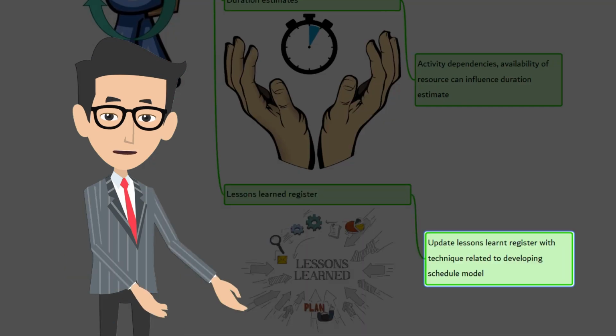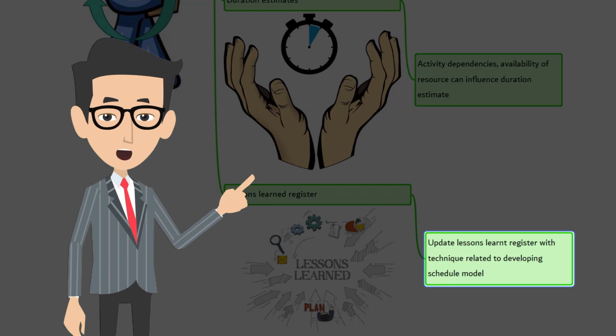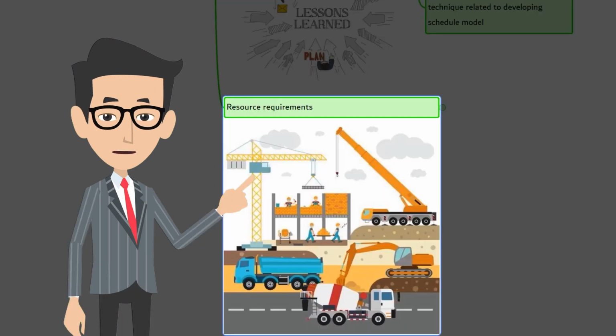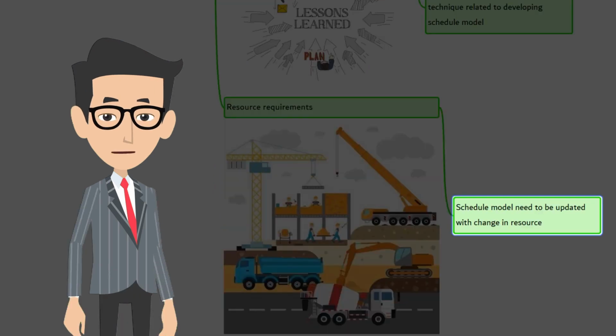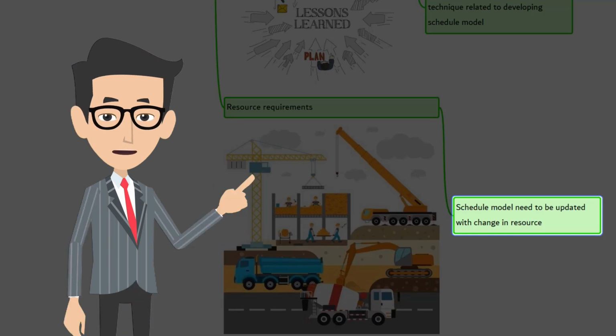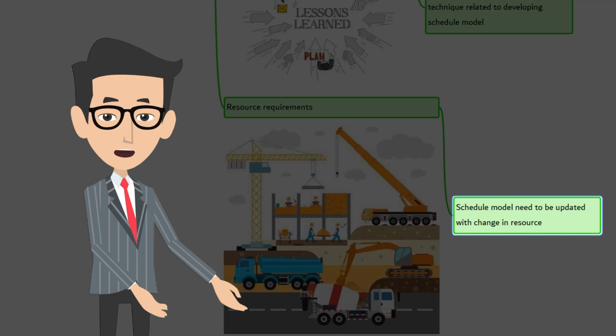The lessons learned register can be updated with techniques that were efficient and effective in developing the schedule model. The next one is resource requirements. When the resource requirements change, those changes need to be updated in resource requirements. Techniques such as resource leveling, resource smoothing, and fast tracking may have a significant effect on the original estimation.